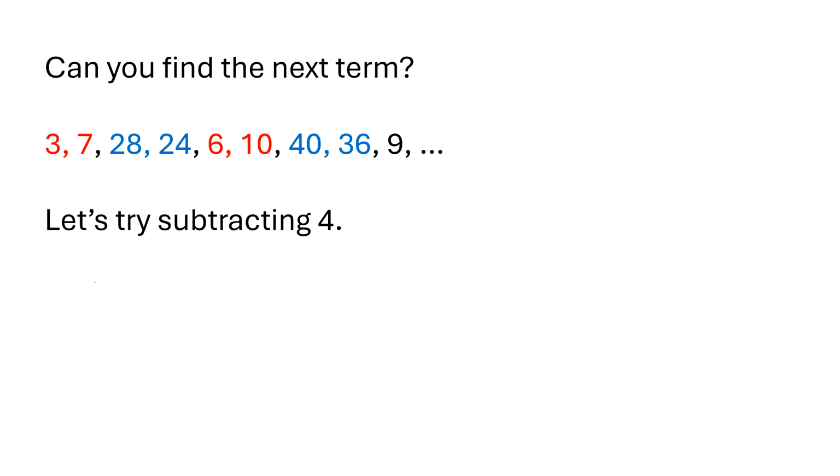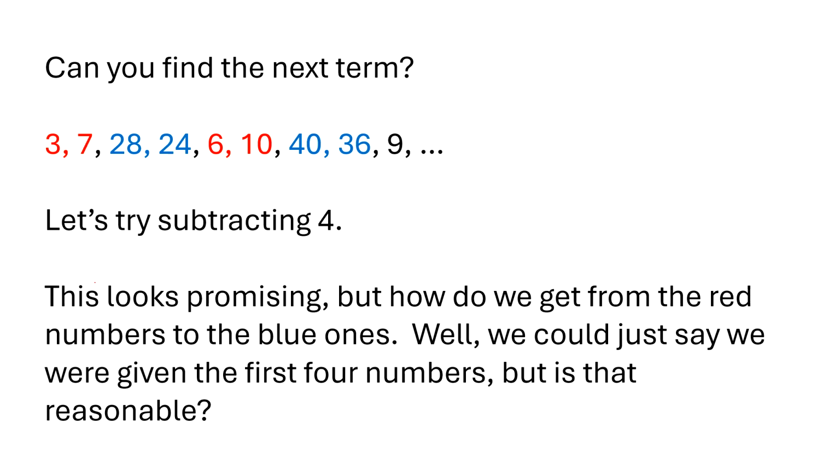I can see what happens in the next pair, but I have to have a way of getting there. I have to be able to get from the red to the blue to the red again, and then back to the blue, so I can figure out what the next pairs might be. So let's take a look.